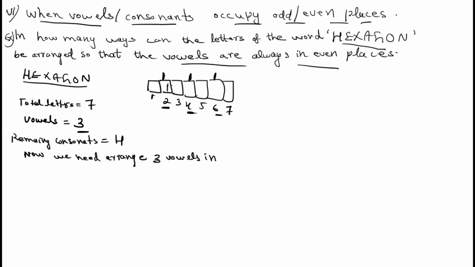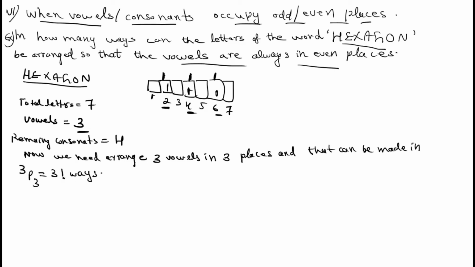Here you can see one even place, another even place, another even place, total 3. In 3 places, in how many ways can that be done? Arrangement of 3 vowels in 3 places, that is 3P3, which is equal to 3 factorial ways.